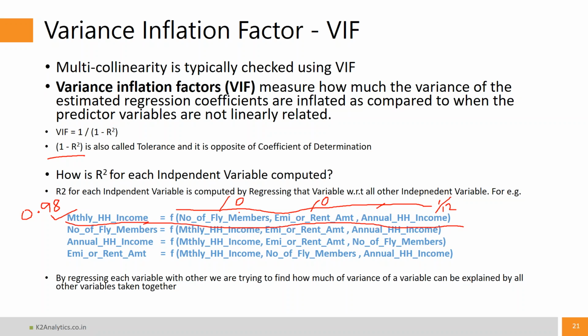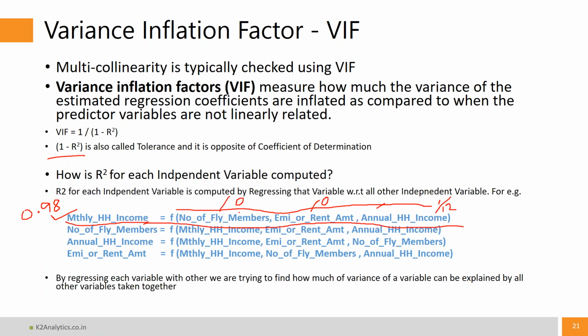In this case, monthly income becomes my dependent variable. I'm not going to take expense. Expense is separate. I'm now going to take only independent variables. Of all independent variables, I'll take one variable out and make it dependent, and the rest will remain independent. Now I am trying to make this dependent variable a function of all others.